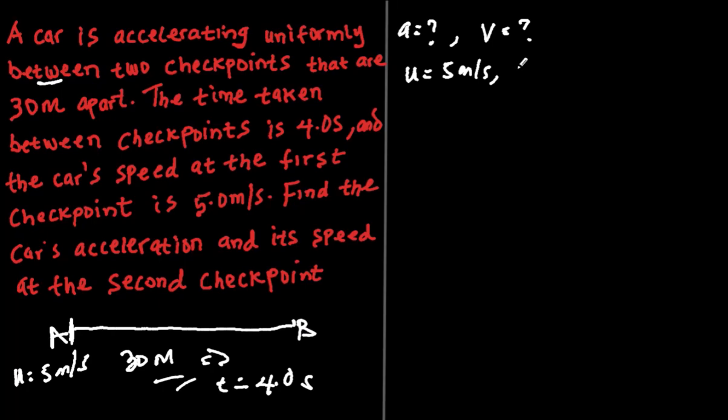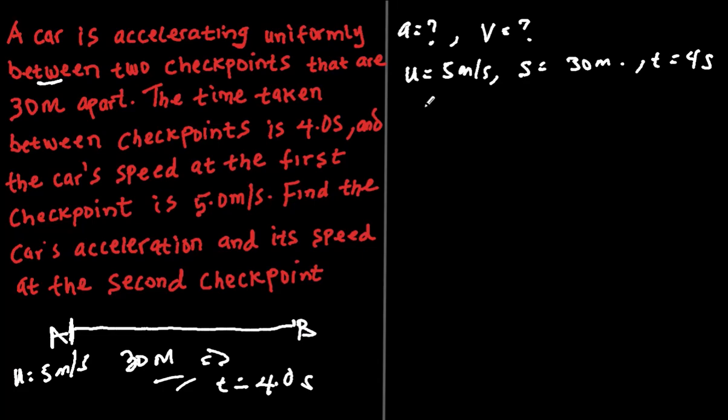Because the acceleration is uniform, it is constant throughout the motion, so the acceleration at point A is the same as at point B. That means we can find the acceleration when the object has covered the whole distance. The distance covered is 30 meters, and the time taken is 4 seconds.